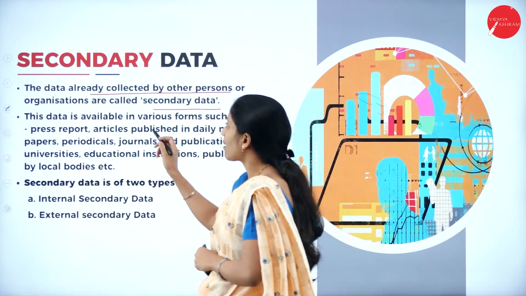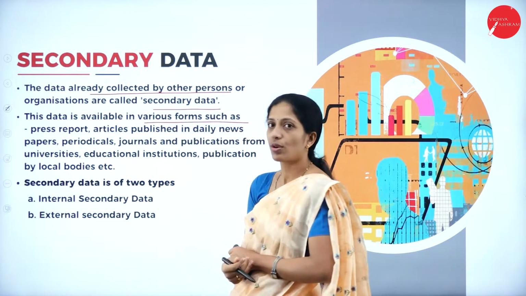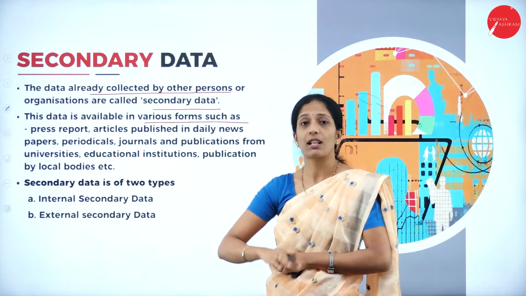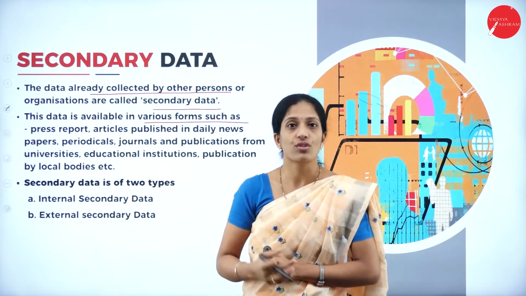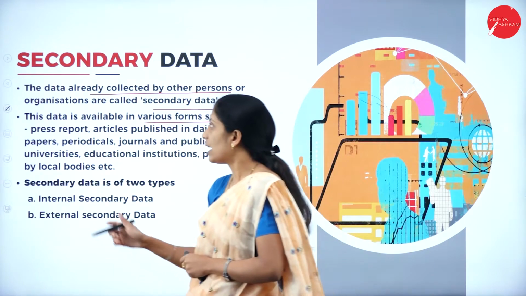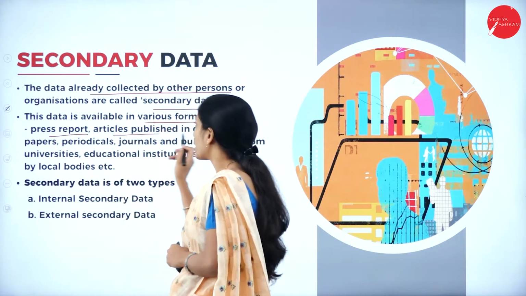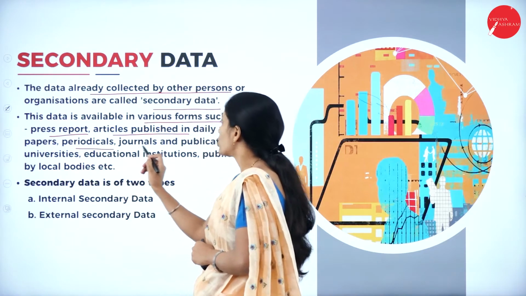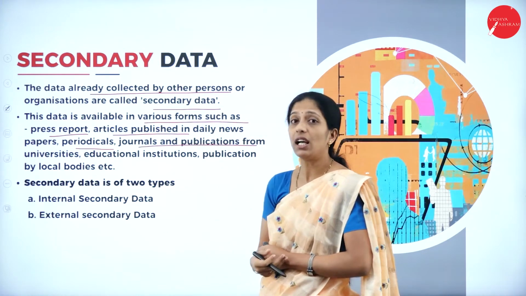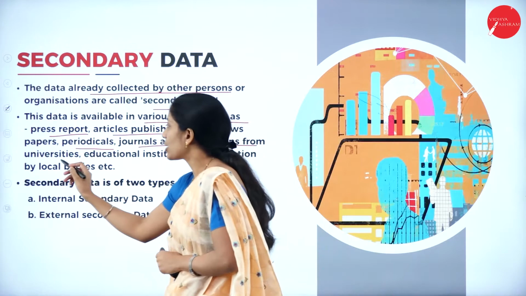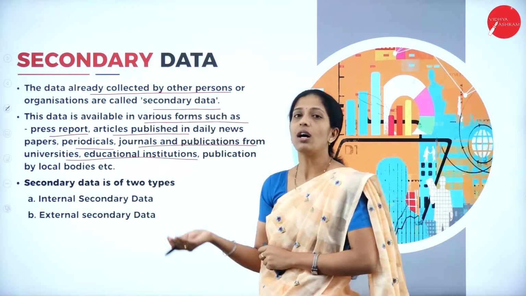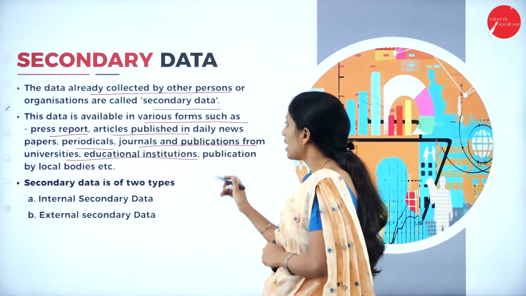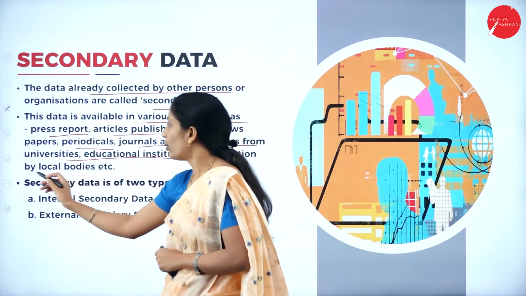This data is available in various forms. We have seen in our previous session the various forms or sources of collecting secondary data. It may be press reports, articles published in the daily newspaper, periodicals, journals, and publications from universities or educational institutions, which also publish certain articles, and publications by local bodies.